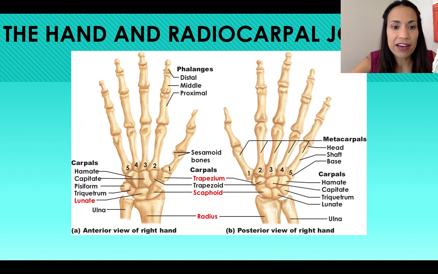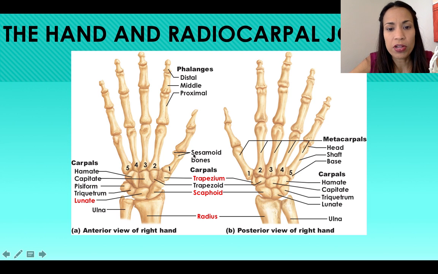Then we have, distal to that, one row. Every single digit has one proximal phalanx. And all the digits have a distal phalanx also, but only digits from the second to the fifth have a middle phalanx, meaning that the pollex, or the first digit, doesn't have a middle phalanx.